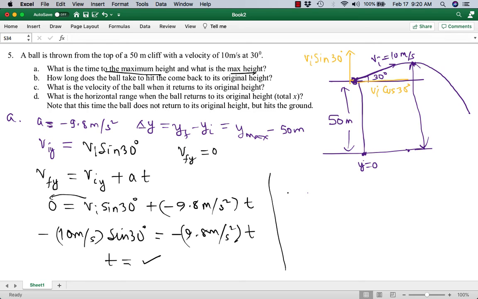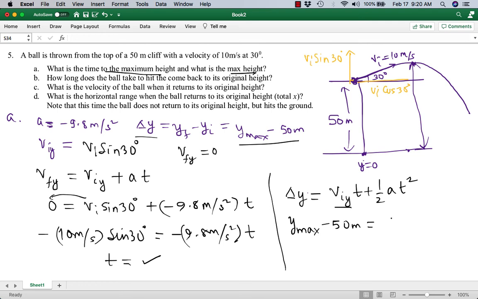To find it, we have two formulas, you can use either one. So delta y is equal to viy t plus 1/2 a t squared. So delta y is y max minus 50 is equal to viy, which is 10 sine 30 degrees.